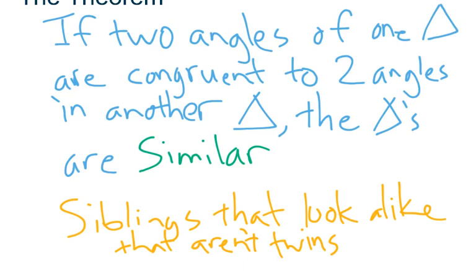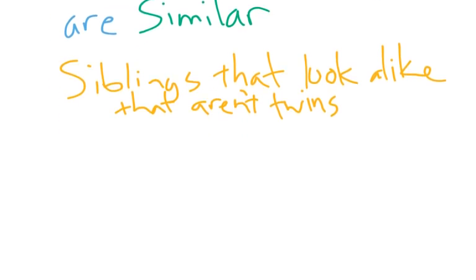If you took a picture of the older sibling when they were the same age as the younger sibling, they'd look like identical twins. That's sort of what we have with similar triangles. Similar triangles aren't exactly the same, but they're similar because they share at least two angles. And by the time you share two angles, you have to share that third angle as well. That is what similar triangles are, and this is the big rule.